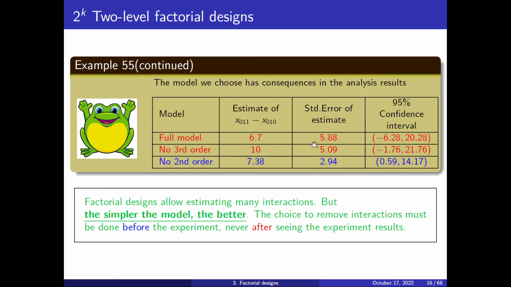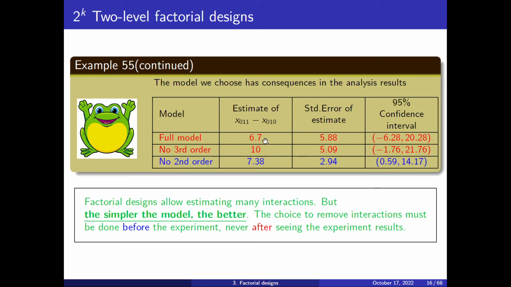If you use the full model, you see the standard error of that estimate is pretty large, and although this difference is positive, its 95% confidence interval includes 0, so you cannot reject the null hypothesis that there is no difference. The same if you don't have the third order model, but if you don't estimate the second and third order models, now it is significant. So depending on your analysis formula, you may have a comparison that is significant or not.